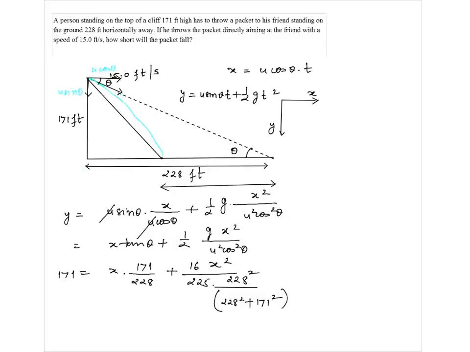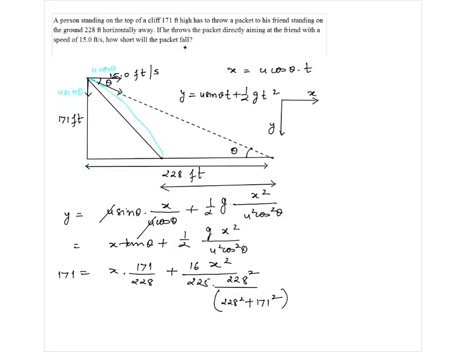What is the time taken? Question is not asking the time. How short will the packet fall is the question. But if you want to find the time, that's going to be quite simple.